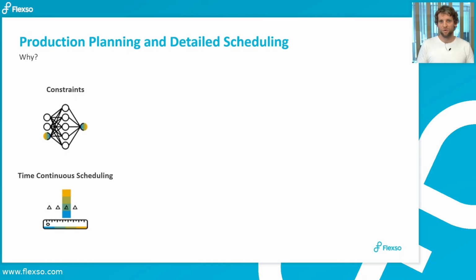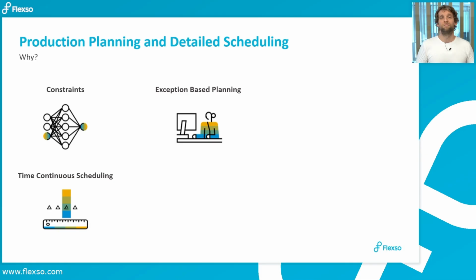Then time continuous scheduling. I think most advanced scheduling apps will need that, but time continuous, you can really plan on the second. Backlog-free production plans. So that means you can also take into account your breaks that you need. You will ensure that everything is realistic and maintainable and feasible.